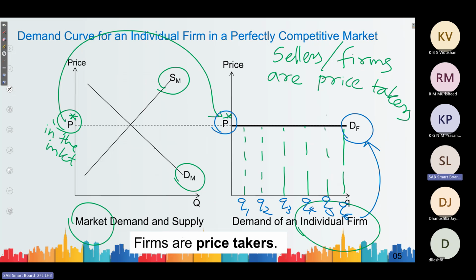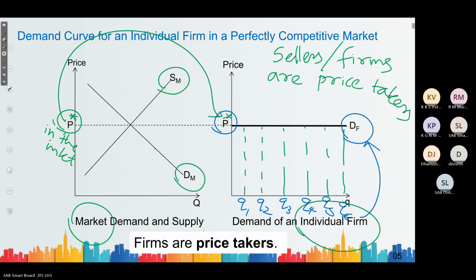Since individual firms do not have any power to control the market price, it is taken by individual firms as their own price, and at that market price, firms are ready to provide any quantity as they can produce, so the demand curve faced by individual firms in a perfectly competitive market is a horizontal line like this. Firms are price takers.